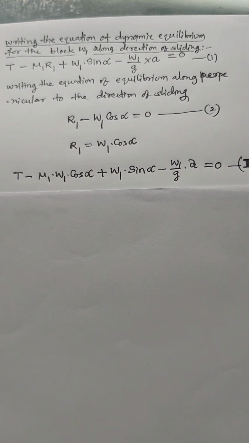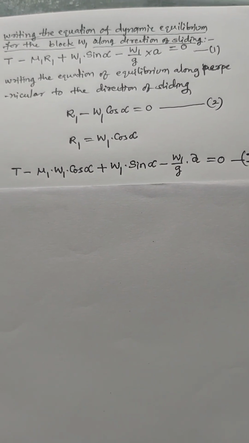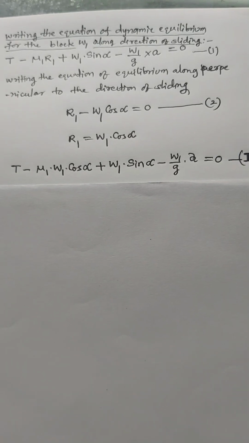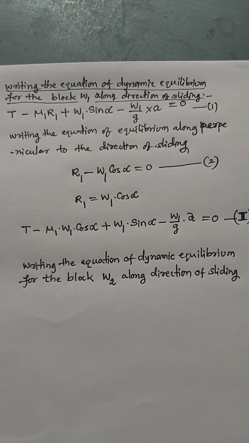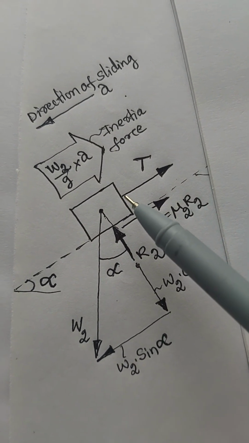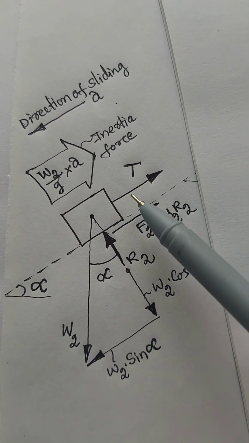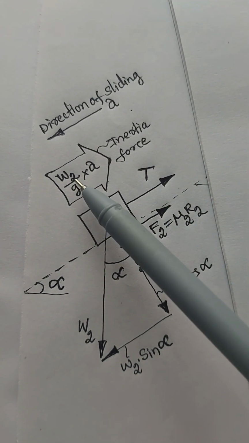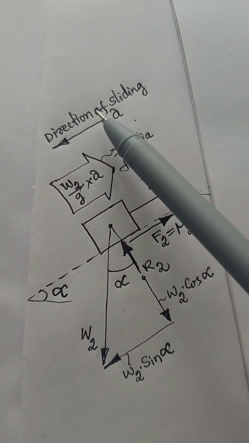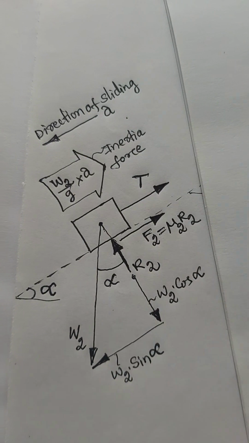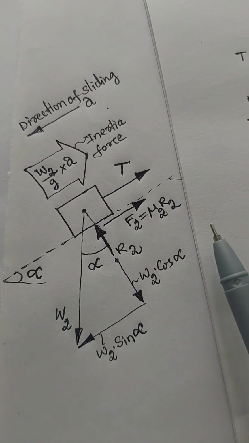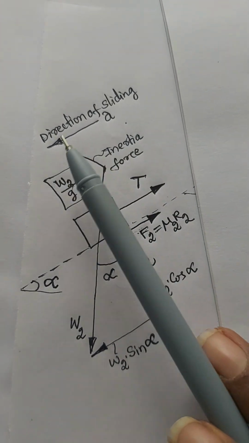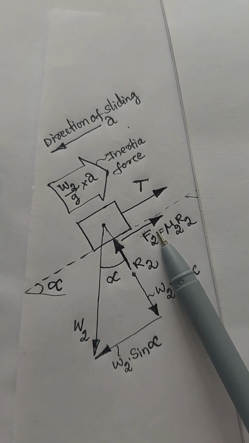Then we write the equation of dynamic equilibrium for block W2 along the direction of sliding. T is the tension force in the bar directing opposite to the acceleration, so we consider this as minus T. Inertia force is also directing opposite to the acceleration direction, or direction of sliding. The frictional force is also opposite to the direction of sliding, so this is also considered minus.